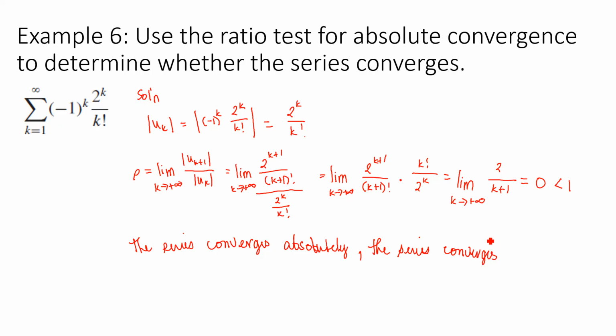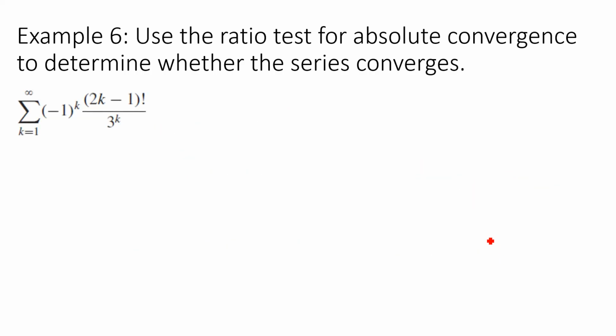Okay, so let's have another example. Use the ratio test for absolute convergence to determine whether the series converges. You have the summation of the quantity negative 1 raised to k times the quantity 2k minus 1 factorial, all over 3 raised to k, from 1 to infinity. We take the absolute value of the general term u sub k.